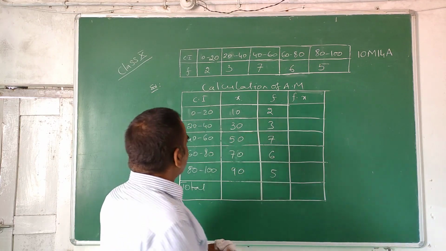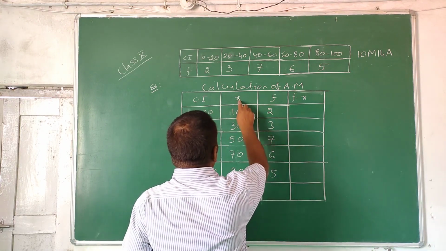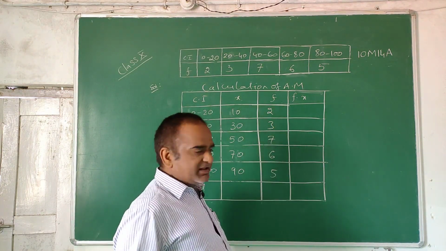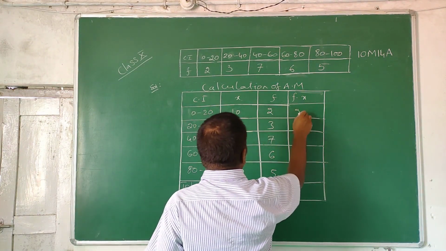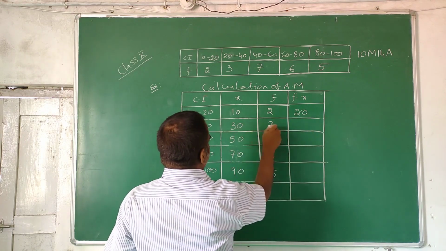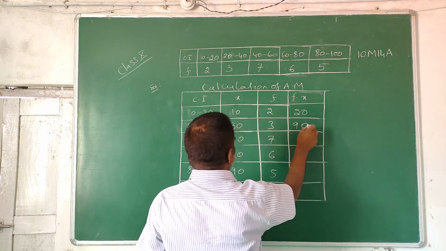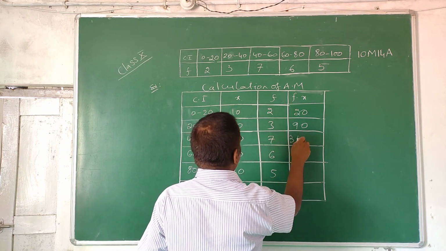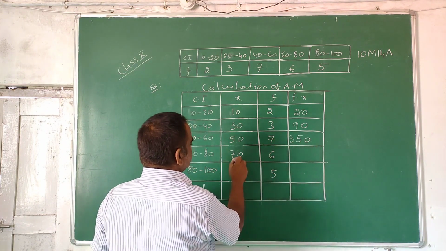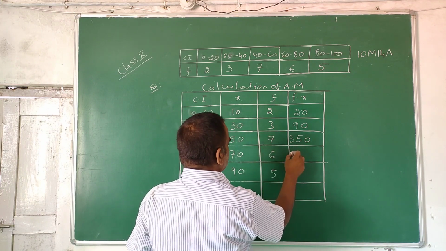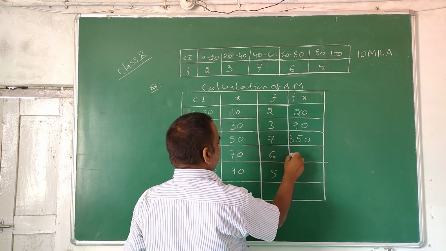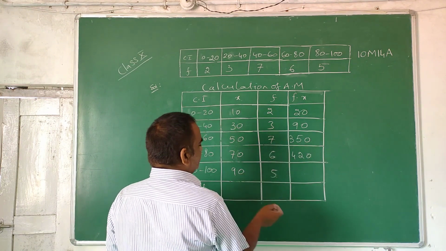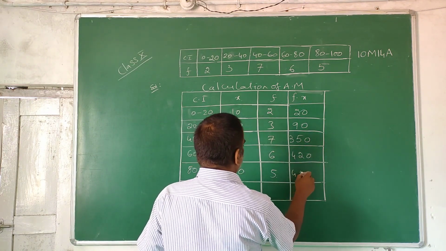So now f into x. These class marks and corresponding frequencies are to be multiplied. So 10 into 2, 20. 30 into 3 is 90. 50 into 7, 350. 70 into 6, 420. 90 into 5, 450.